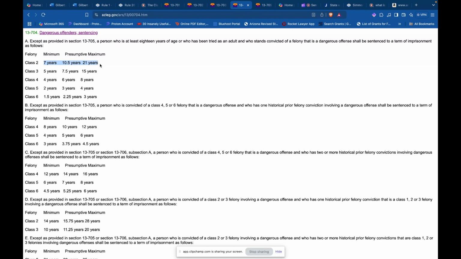And so again, that was part of the armed robbery sentencing range, which was the most severe of the charges in this crime spree. There were 2 charges of armed robbery. The defendant did receive a just over 10.5 year presumptive sentence.